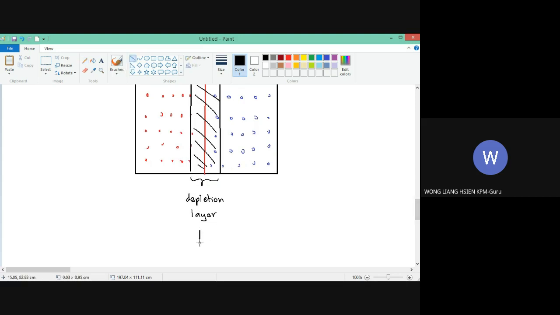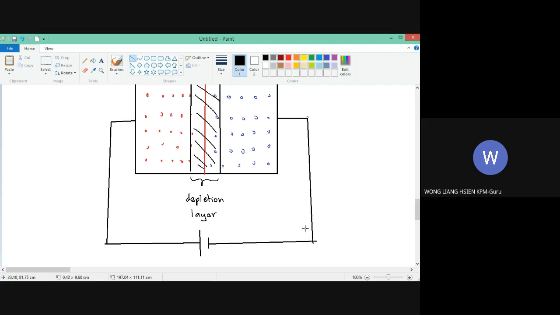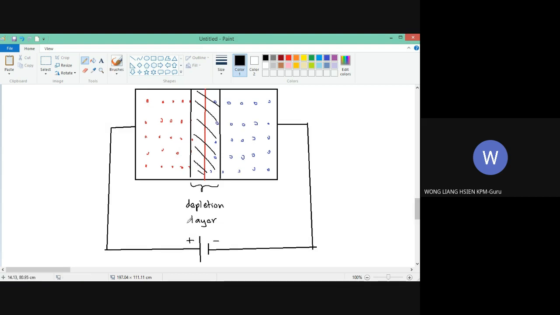And what happens if we reverse the connection? That means here is positive, here is negative. What will happen is this positive will attract the electron, so the electron will move away from the junction.